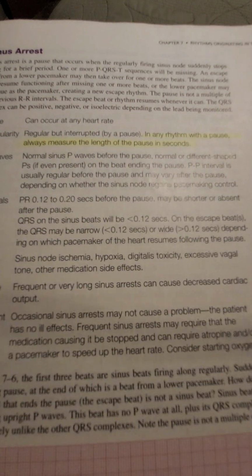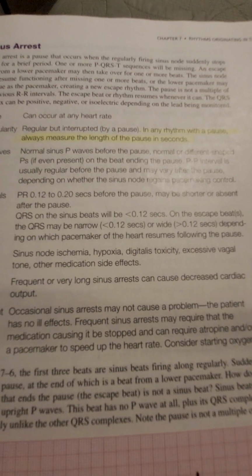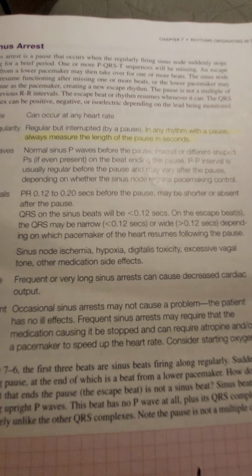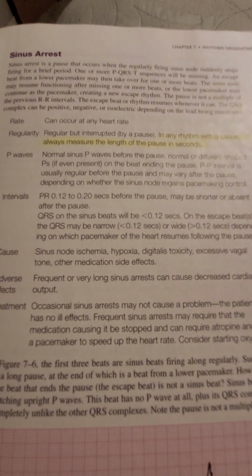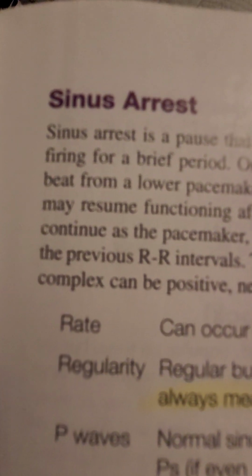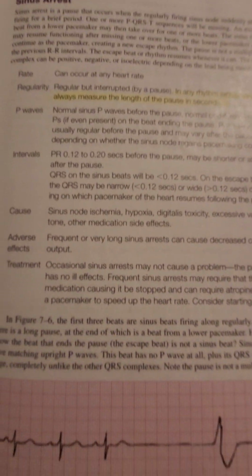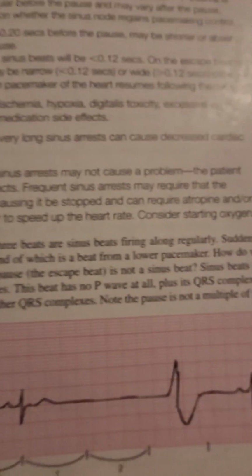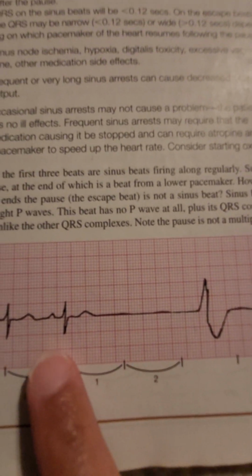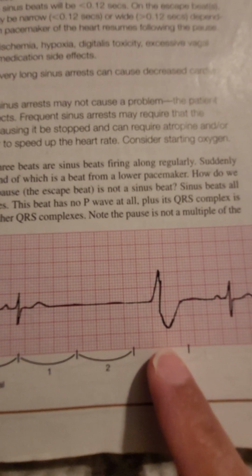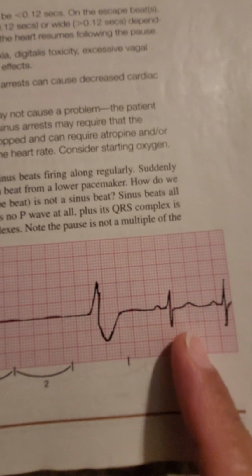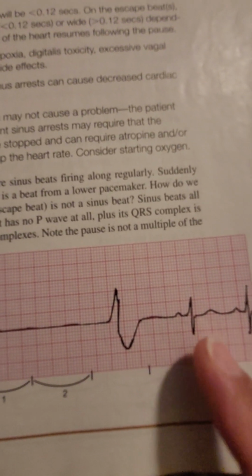So it says the pause is not a multiple of the previous R to R intervals. I think one of the main differences between sinus arrest and sinus block is that with sinus arrest, it'll be missing, and then it might go back, start marching out at a different time, whenever it feels like popping back up again.